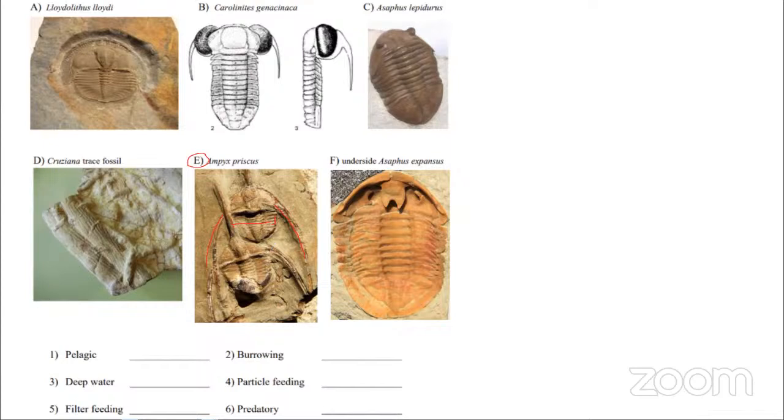Oops, so C, burrowing, C. Now we got deep water for E. Now we have our feeding mechanisms. So cross out the ones we've already done, so I can just look. Okay, so the remaining three we have to figure out how they are feeding.